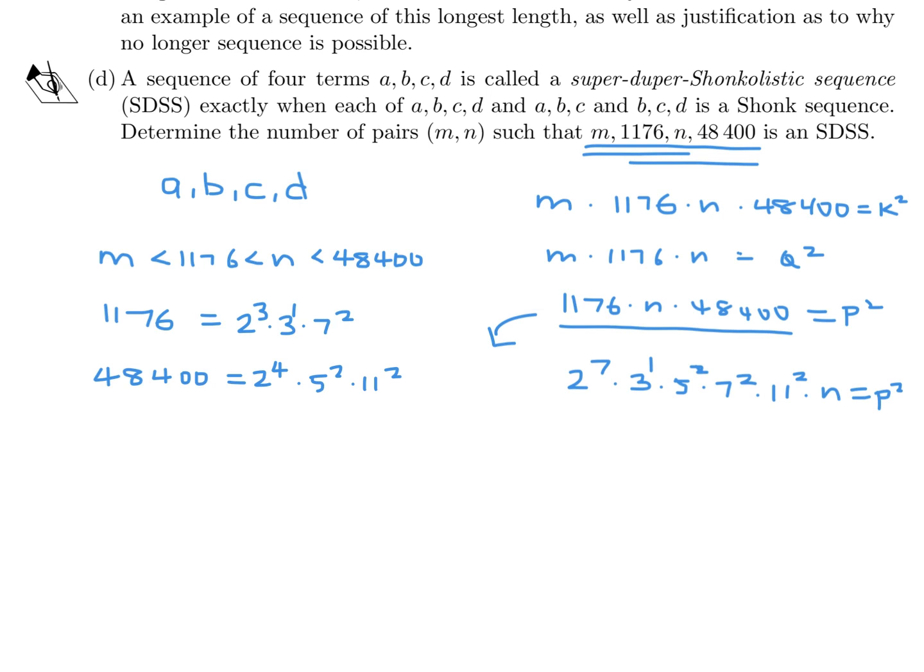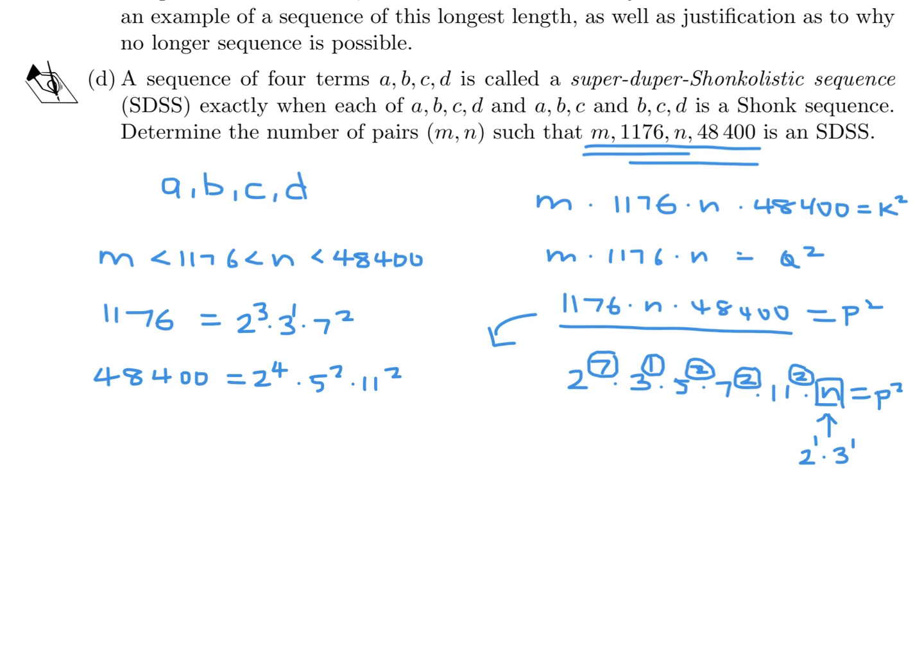So we've got to figure out how to make this a perfect square. It's a perfect square if the exponents are even. So that's even, that's even, that's even. We've got to have at least a 2 to the power of 1 to make that an 8. The n also has to have at least a 3 to the power of 1 to combine with that to give 3 to the power of 2. So the n has to have at least a 2 and a 3 in it.